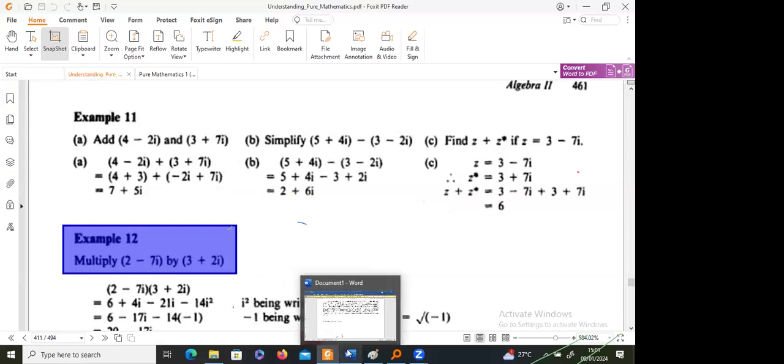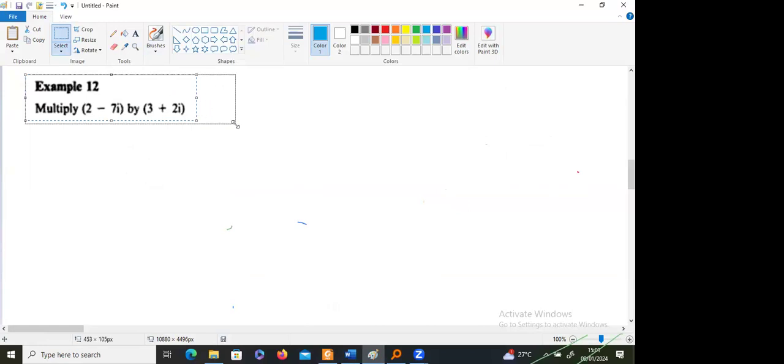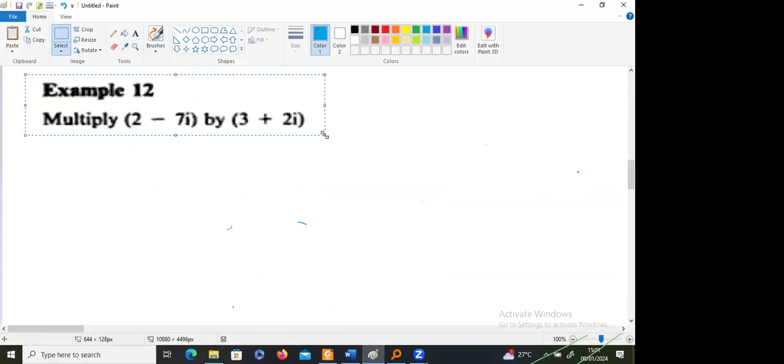Thank you, Dr. Andreas. And this is what the Doctor read to us. Multiply. And what are we multiplying? We are multiplying 2 minus 3i by 3 plus 2i.